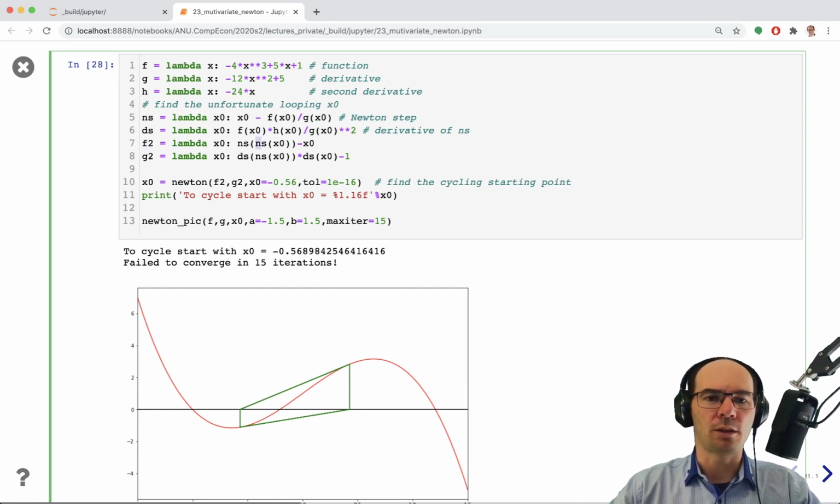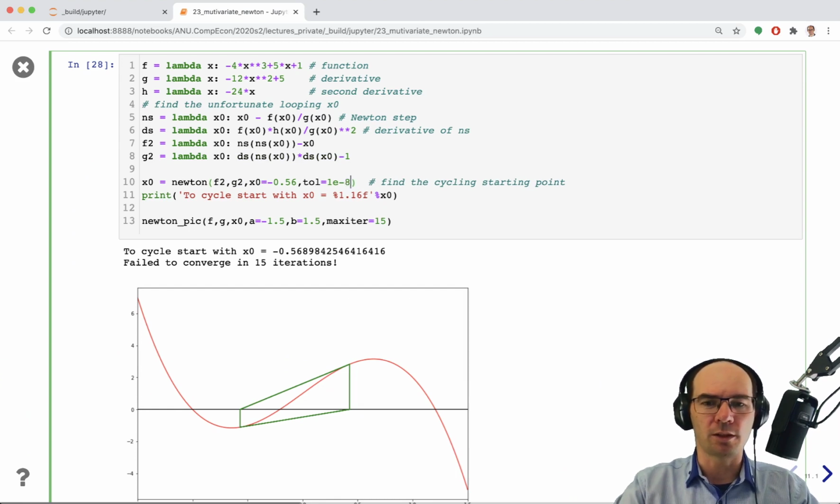It's the application of ns, the Newton step, once and twice, and I want to compare that with the point where I started. So I want to solve the equation where we start from some point and after two steps arrive at the same point. Well, you have to calculate the gradient of this function to be able to apply Newton method, and then you just apply Newton method to a high degree of precision.